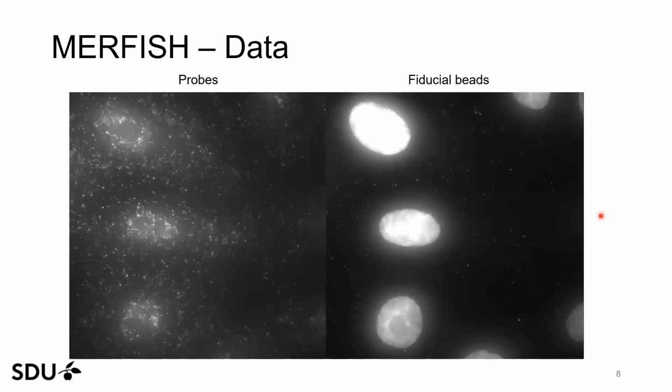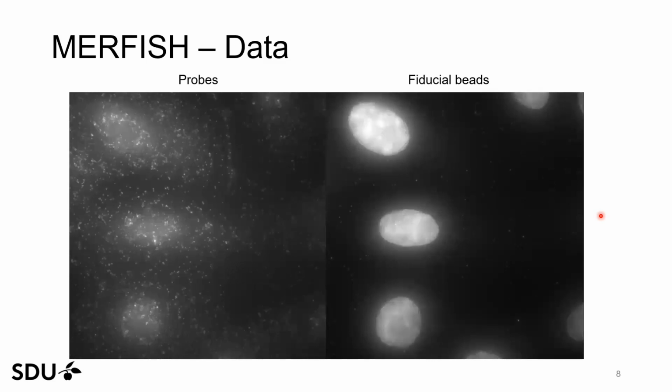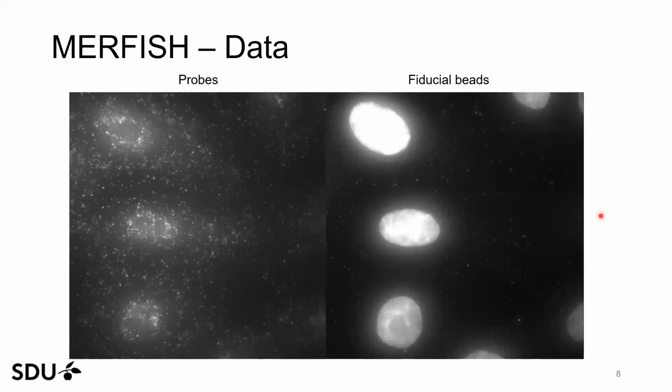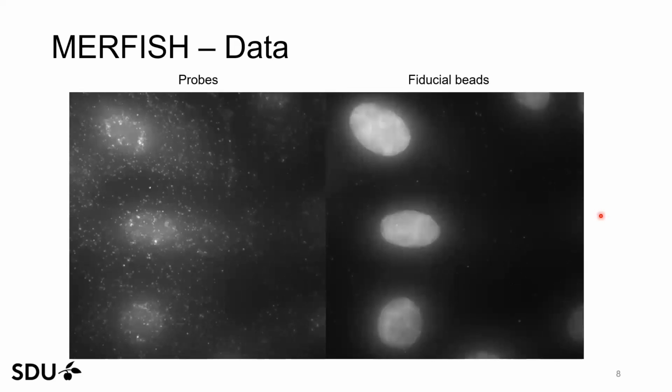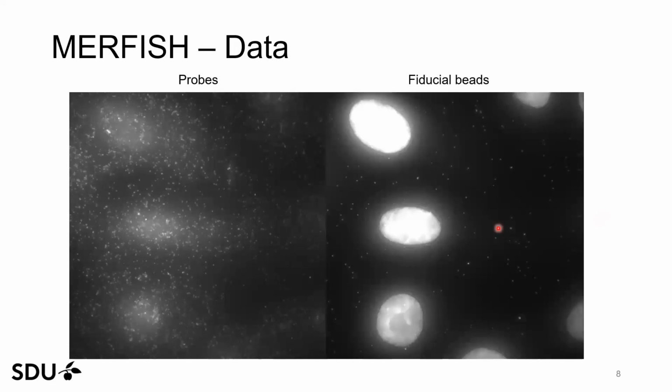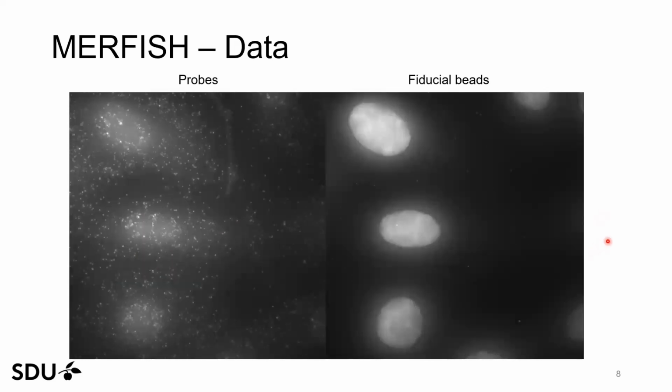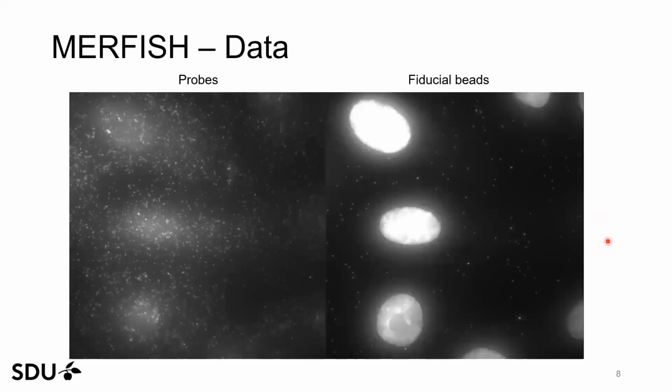So I hope this translates well onto Zoom, but you can see this small drift here in between the rounds. You can also see different spots corresponding to different labelings during the rounds.